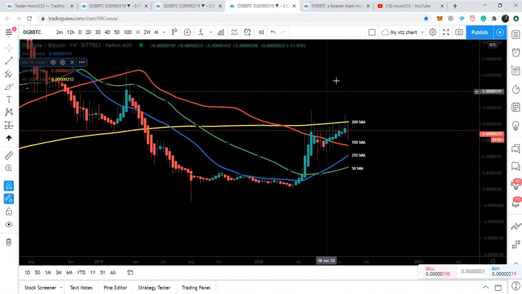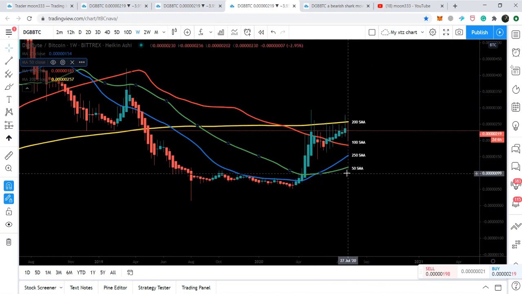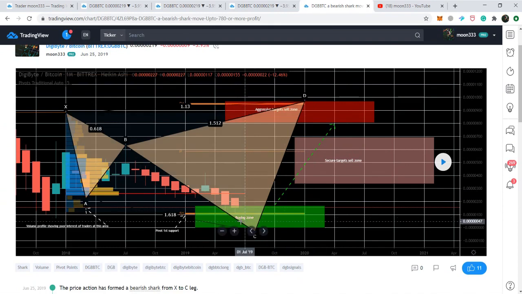That is considered a real golden cross, and on the weekly chart that can produce a really very strong bullish rally that can even lead the price action to trigger this chart that I posted more than a year back in June 2019, that the price action of DGB is forming the final leg of this bearish chart pattern.